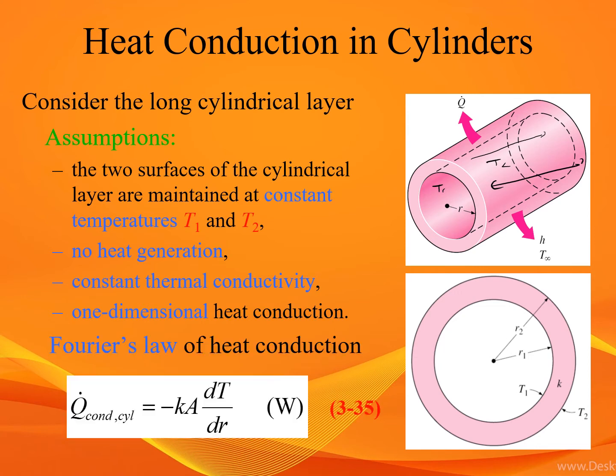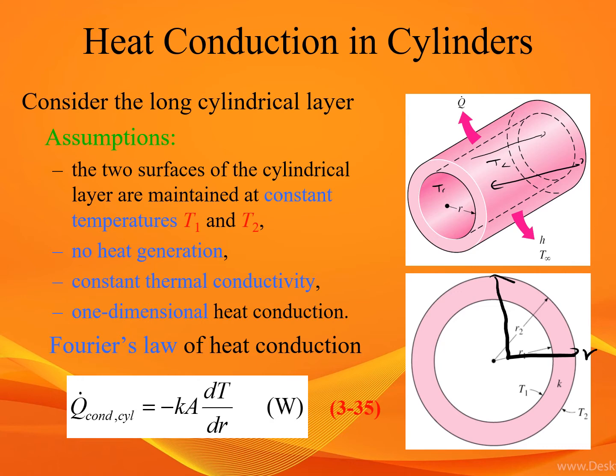Fourier's law of heat conduction. So for the cylindrical, it's a bit different from the plane wall just now. So the temperature gradient is along the R direction. Just now it varied along the X direction. So in here we can see that the temperature difference is along the R direction.